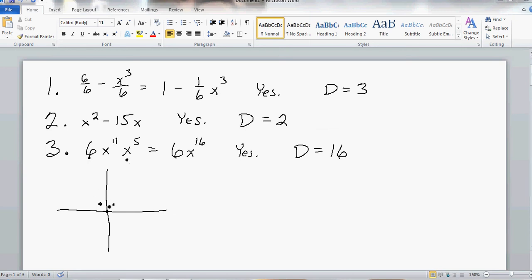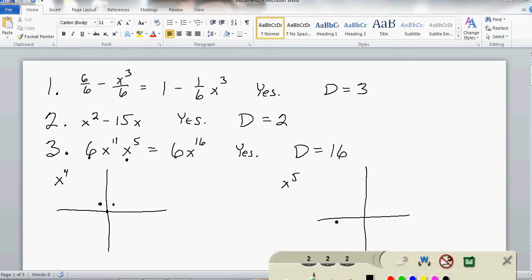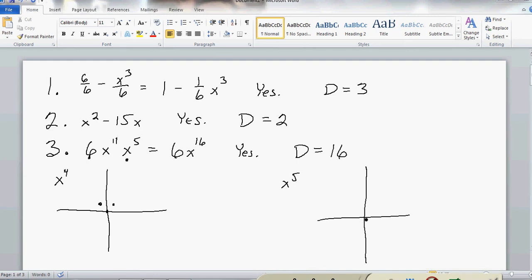So those are just the graphs of x to the 4th, the 4th power. X to the 5th, the general points are 0, 0, 1, 1, negative 1, negative 1, 2, 32, so this even takes us out even further, and negative 2, negative 32, so we're way down here.